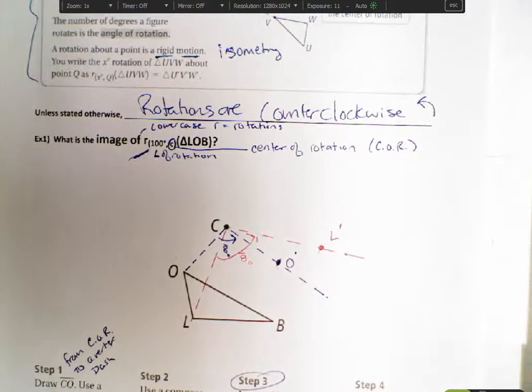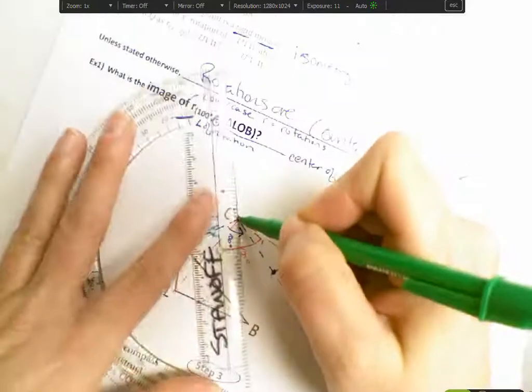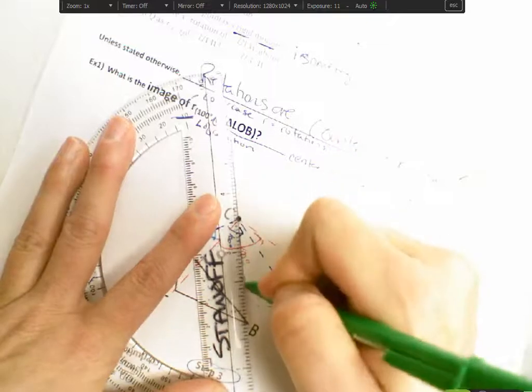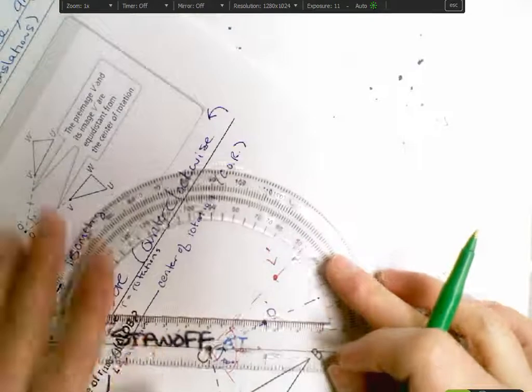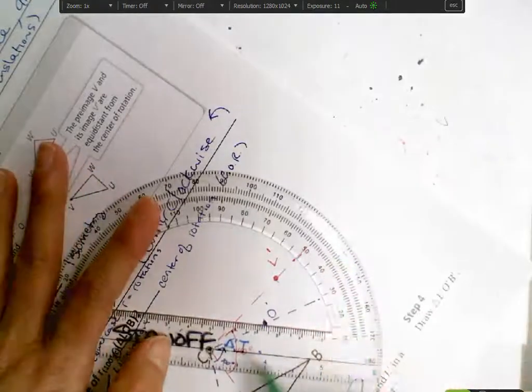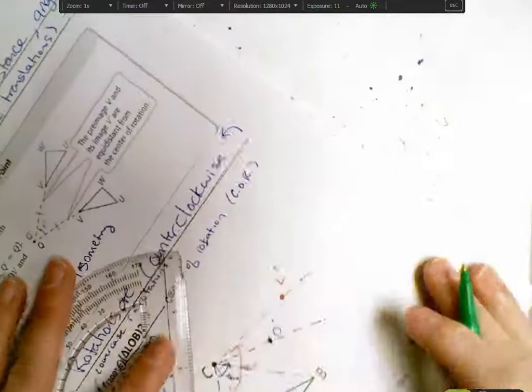I'm going to switch colors so we can see it. I go from the center of rotation to the vertex. Flip my protractor over so that I can make a 100-degree angle. That's 100 about right there.